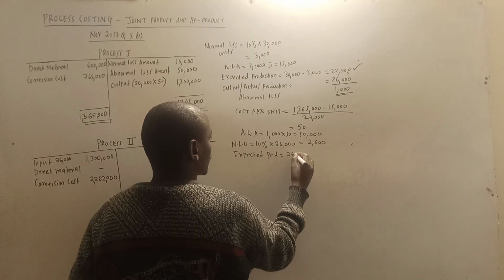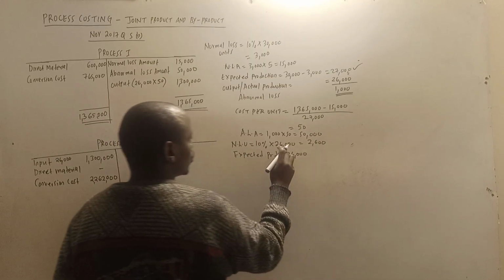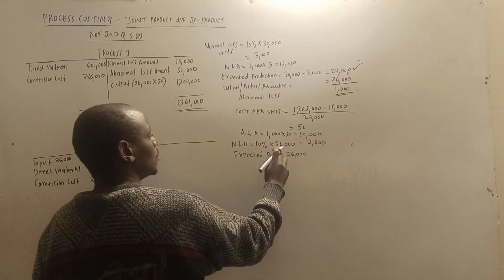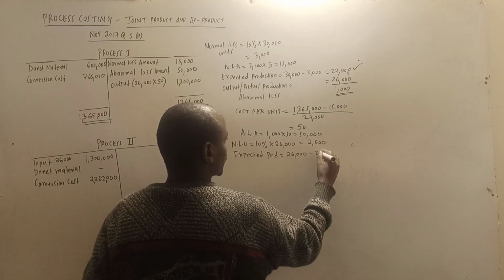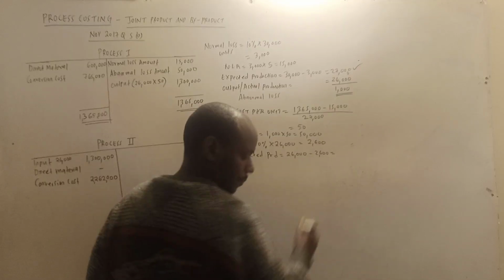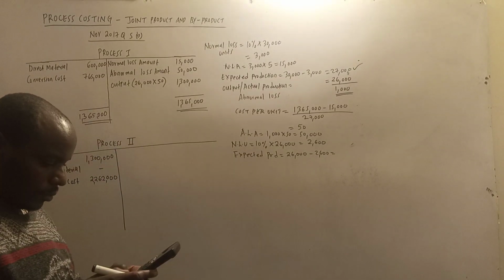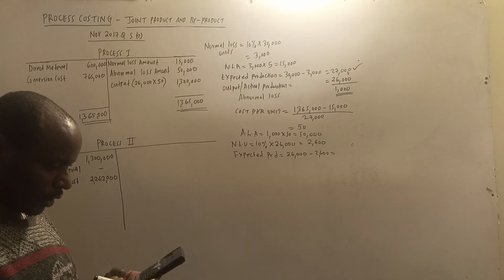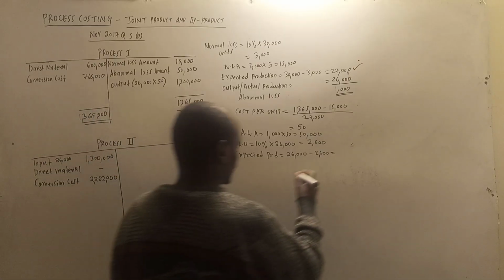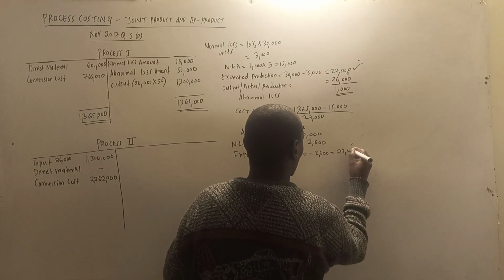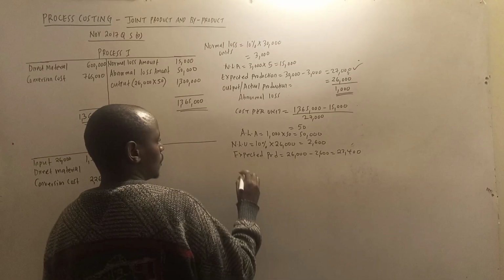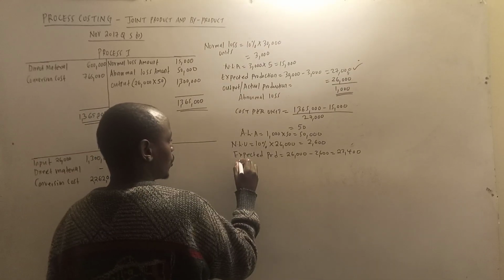The input is 26,000 minus loss 2,600, which is 23,400.